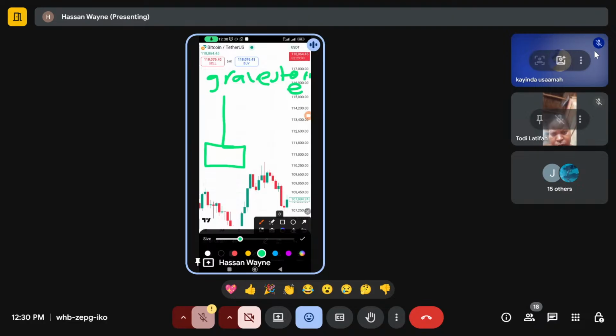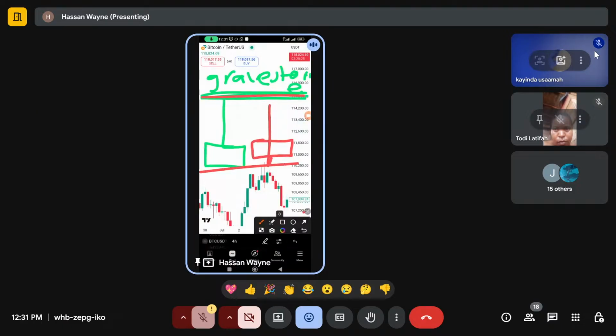It is always good to trade it at resistance. And the same thing as the shooting star. This is a shooting star or inverted hammer. Those two candles, if you find them at resistance, it is always good to trade them. But don't forget to first draw your support and resistance for confirmation that we are heading down or we are heading up.